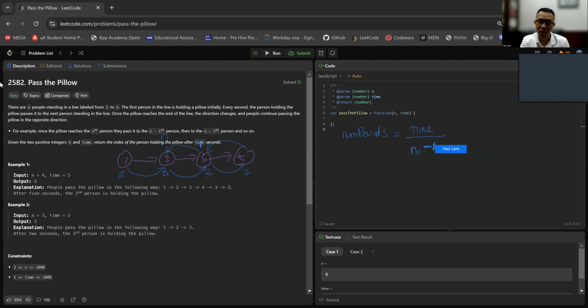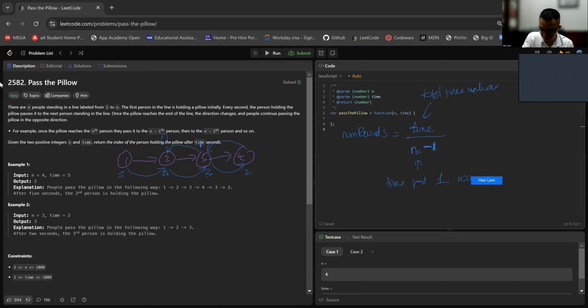n minus 1, not n, because it only takes n minus 1 seconds. The time is the total time we have, and n minus 1 is the time for 1 round.